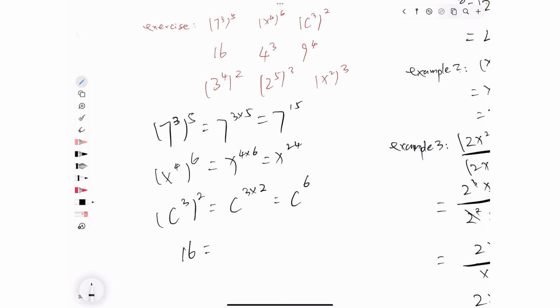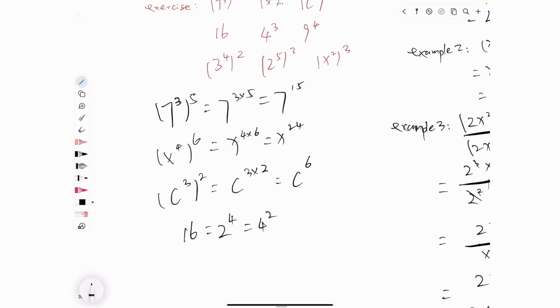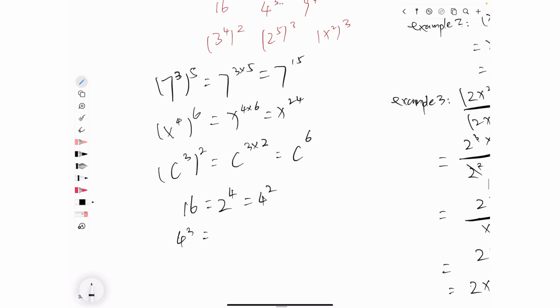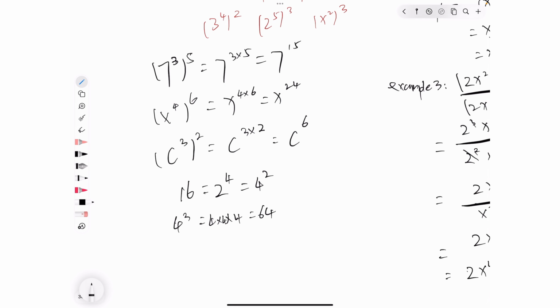16 equals 2 to the 4 equals 4 squared. And 4 to the 3, basically it's 4 times 4 times 4, which is 64. We can convert that to 8 squared.